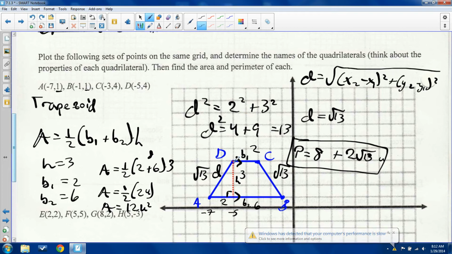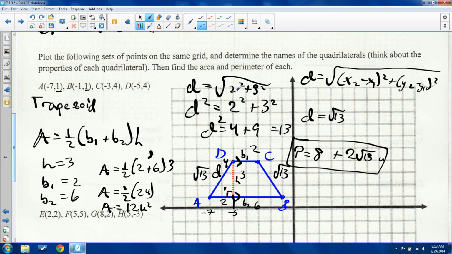The distance between my two y values, this is 4 and this is 1. I know I'm not using different colors, and I should, but the distance between 4 and 1 is 3. So I'm finding this length here, h, which is 3, and I'm squaring that. That's where I get 3 squared. And d squared is 2 squared plus 3 squared, so d is the square root of 2 squared plus 3 squared.